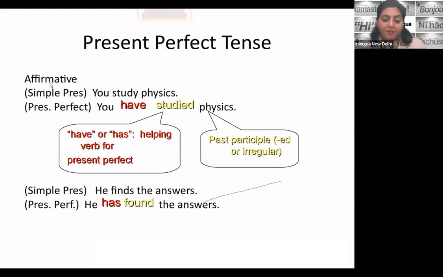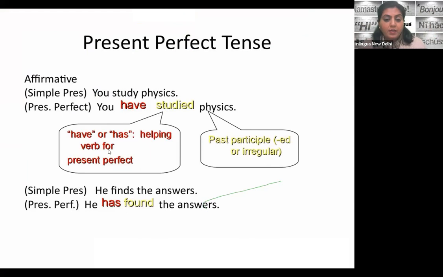Okay. Now here, there are three kinds of sentences. Firstly, affirmative or regular positive sentences. For example, in the simple present, we say, you study physics. It's a subject and you study it regularly. In the present perfect, we say, you have studied physics, meaning from birth till now, you have done something. What have you done? You have studied physics.